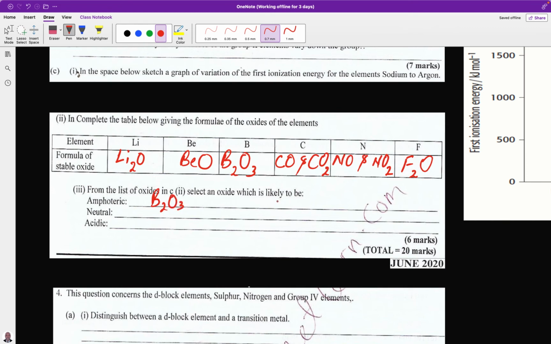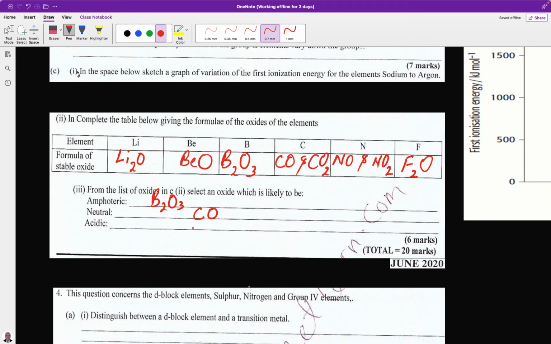That will be the one. Then a neutral oxide: carbon dioxide is acidic, so a neutral oxide would definitely be carbon monoxide.